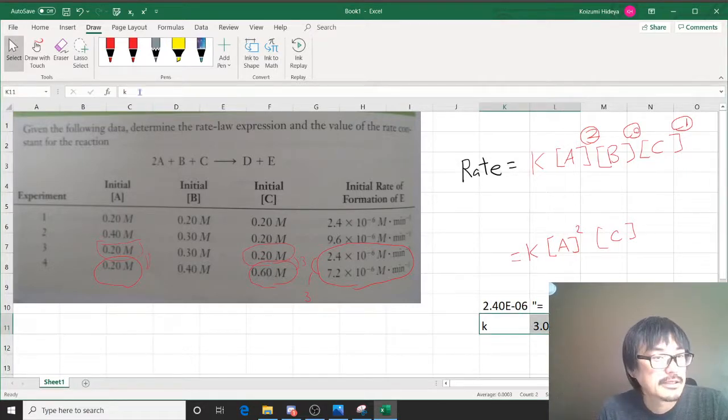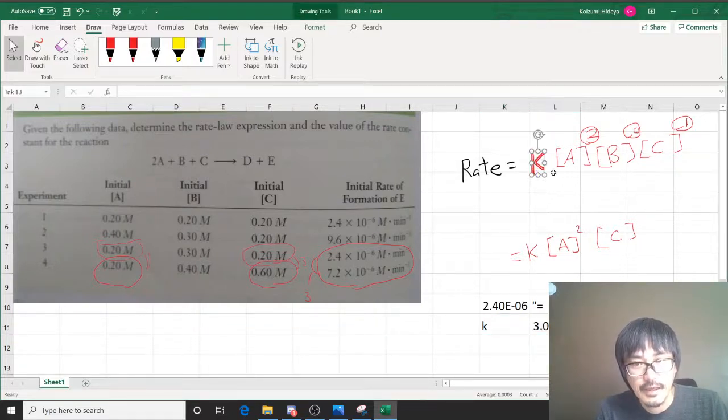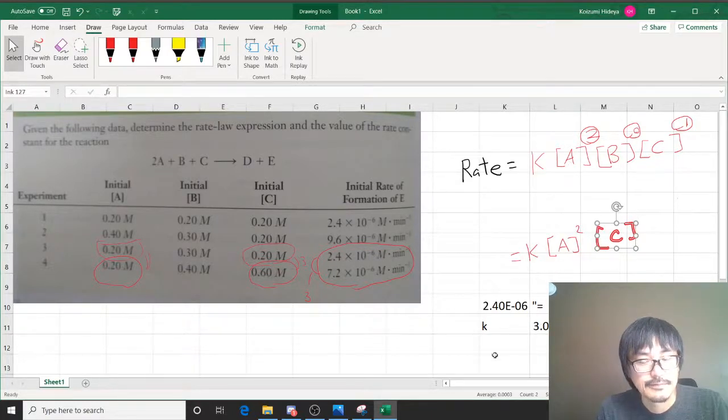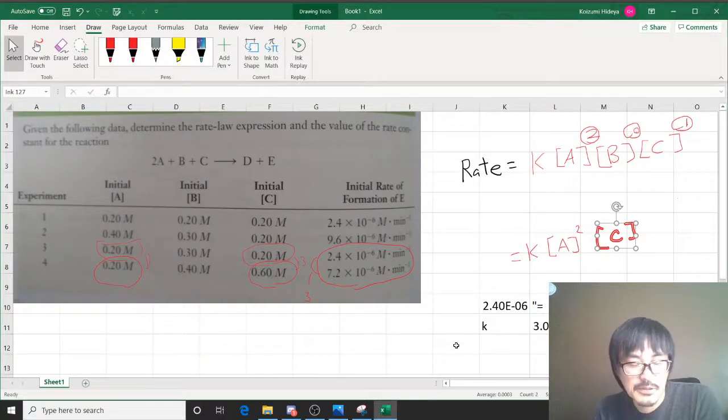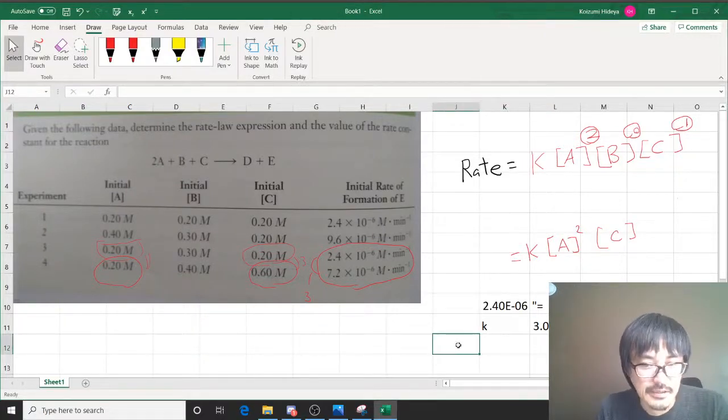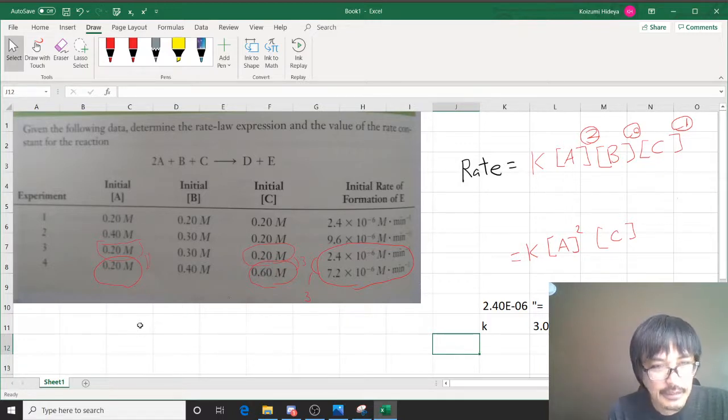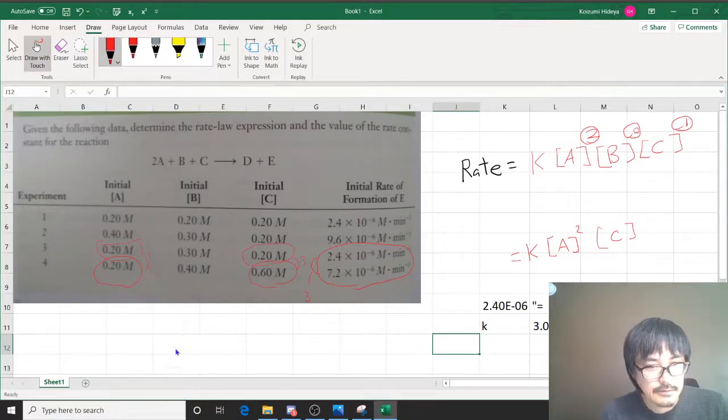That pretty much explains everything. So the rate is equal to K times A squared times the concentration of C. Let me write out the final answer. Actually, why don't I do that with Excel?